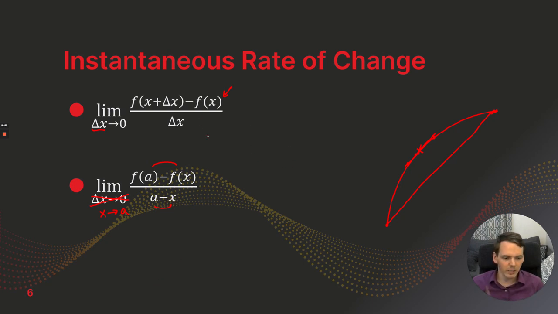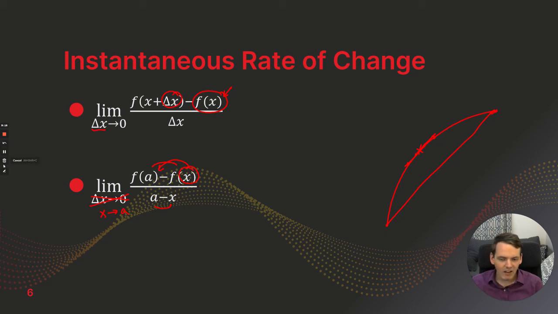So both of them are looking at zooming in closer and closer and closer to a given point. It's just whether you express that as starting at your point and then moving a tiny bit, or moving your initial point closer to your starting point.